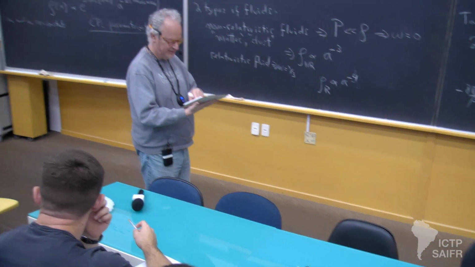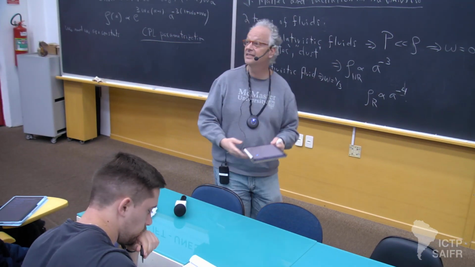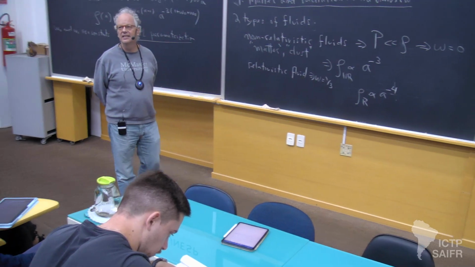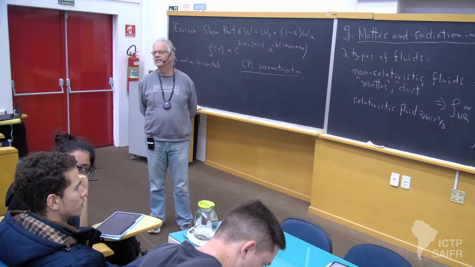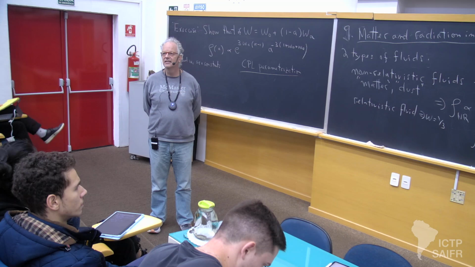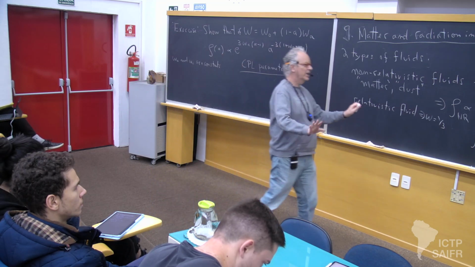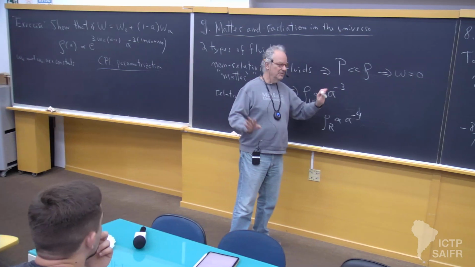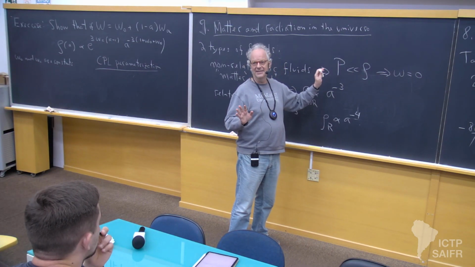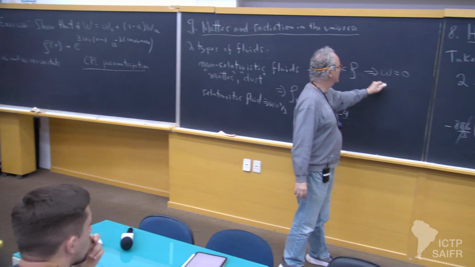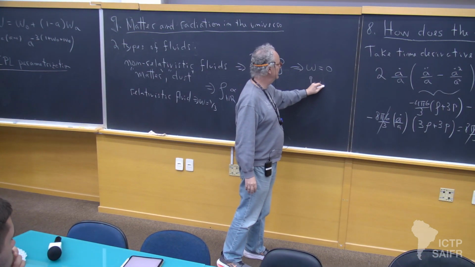Very good. Yes, so you can have whatever you want. In principle, this is called warm dark matter, this thing that you're saying. This is what characterizes what's called cold dark matter.